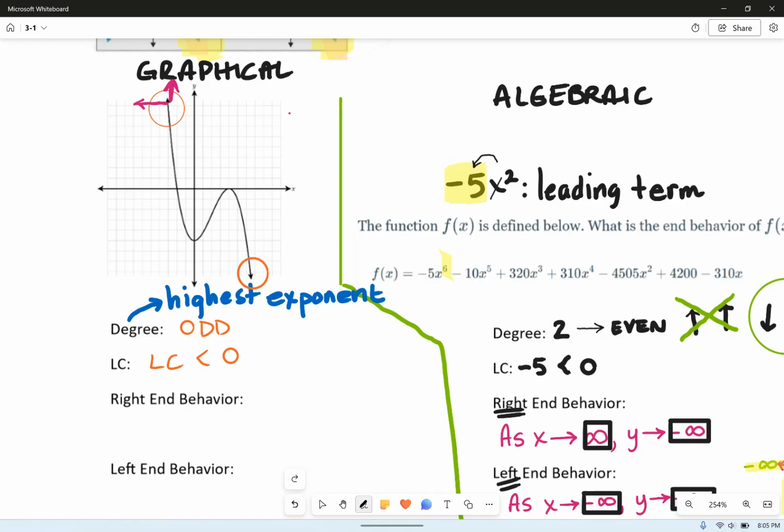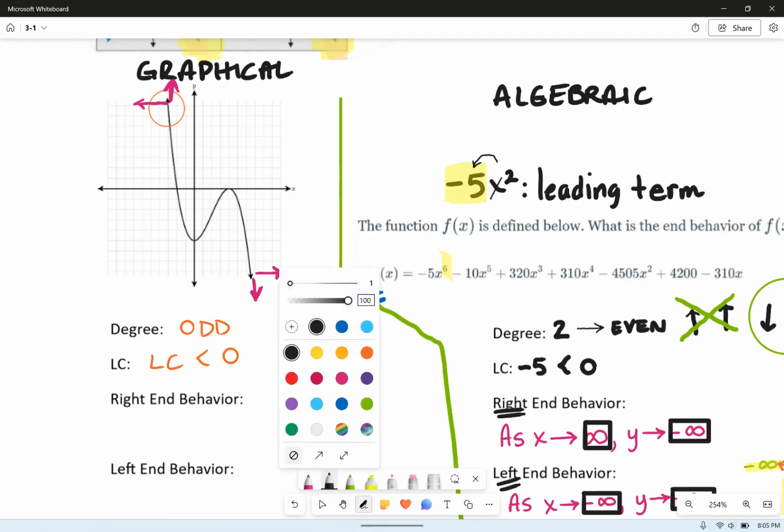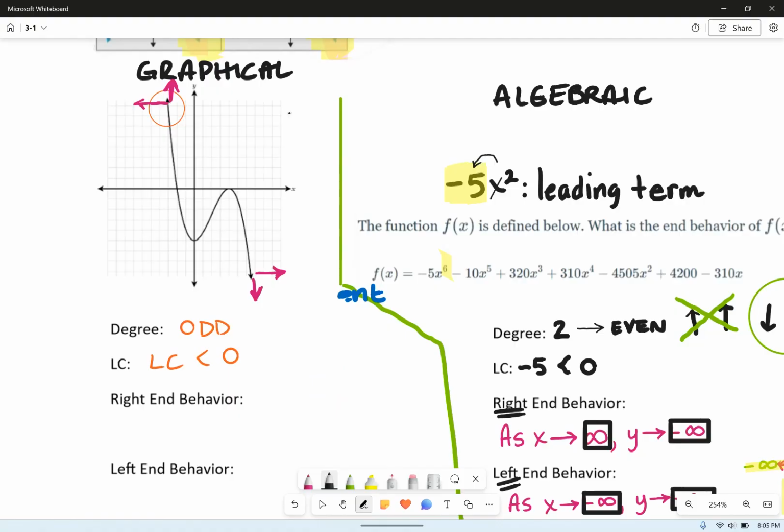Let's erase this piece. Okay, so with this arrow right here, it is going down, and it's going to the right. Okay, so let's put our little infinity symbols since we're new at this. This x is going negative infinity. This arrow is pointing up, positive. This x is going to the right, and this y is going down.